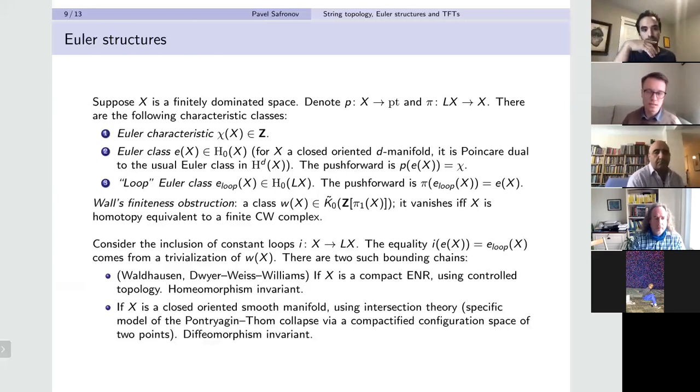Then he constructed a certain class in reduced K theory of the group algebra of the fundamental group. And this class vanishes if and only if X is homotopy equivalent to a finite CW complex. And so this loop Euler class is closely related to Wall's finiteness obstruction.